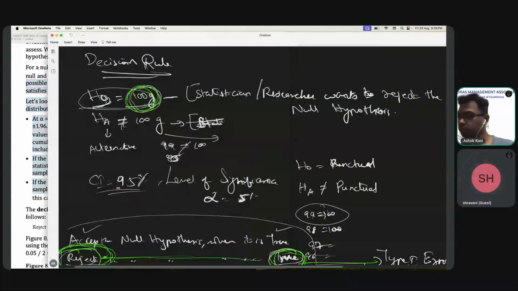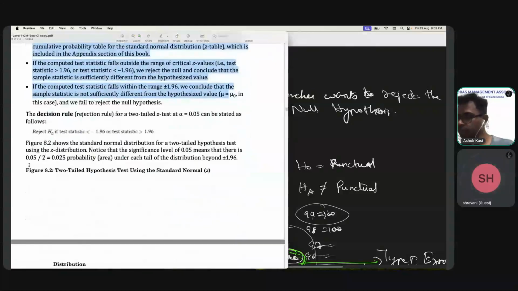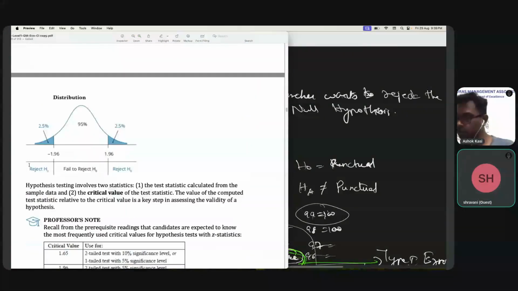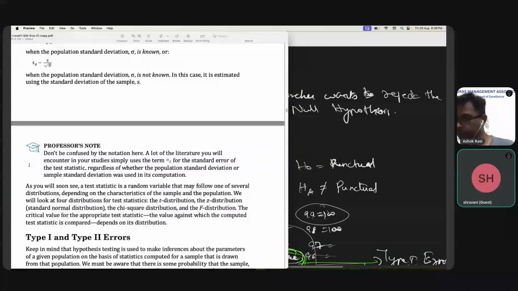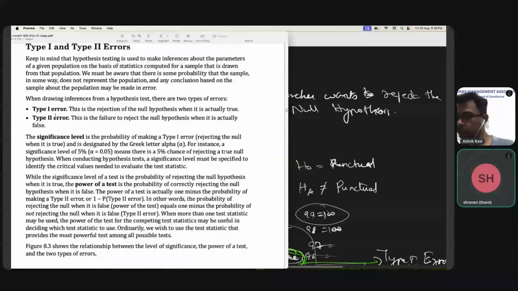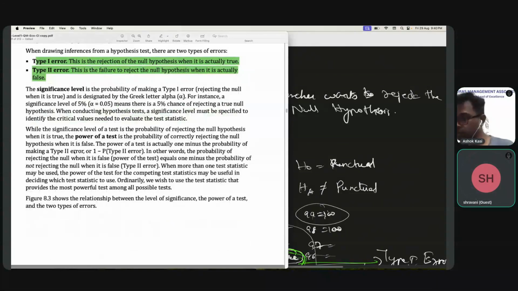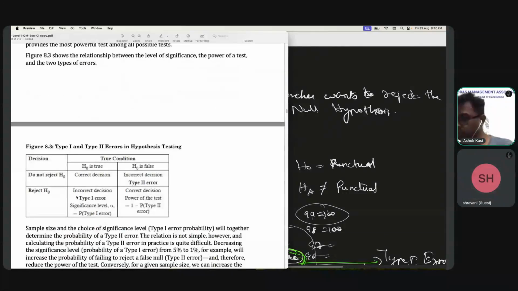If you understand whatever I'm speaking, that should be fine. This is type 1, type 2 error. Power of your test, in this table, is 1 minus probability of type 2 error.